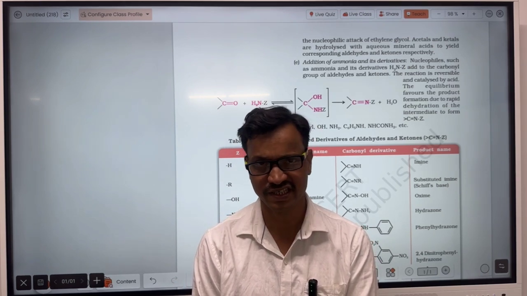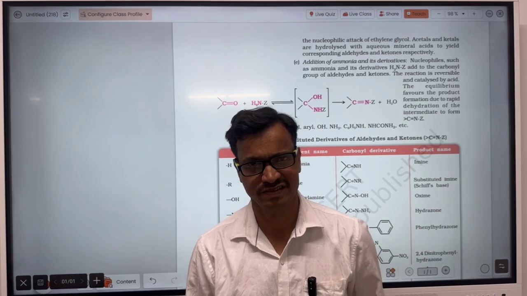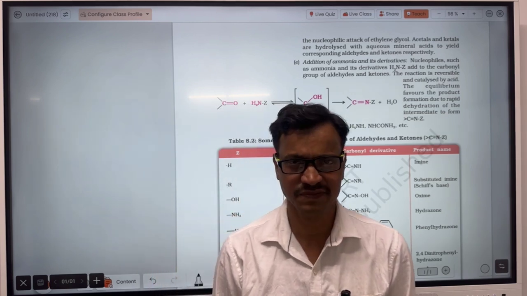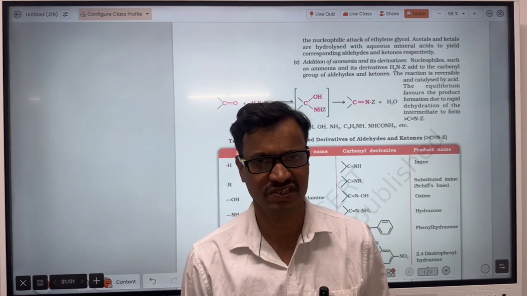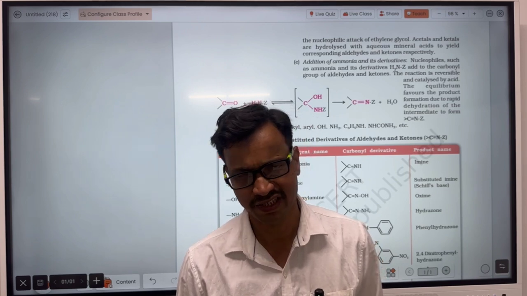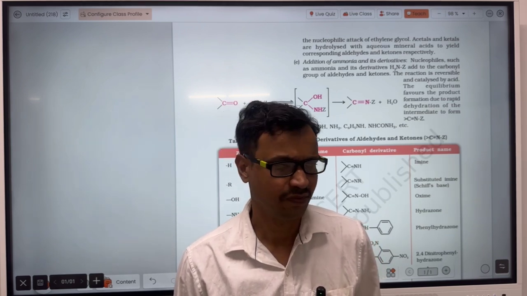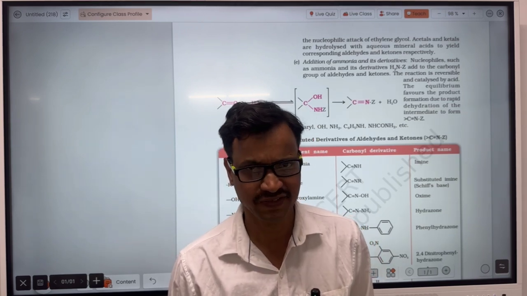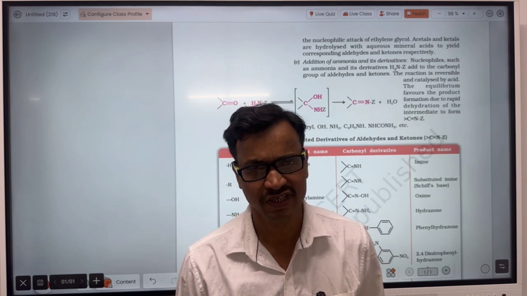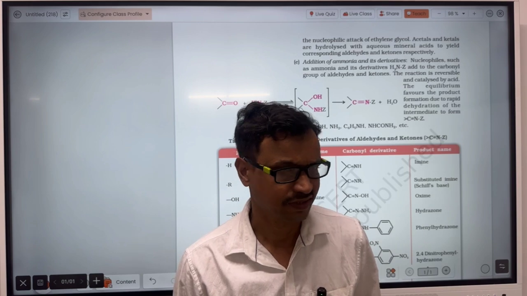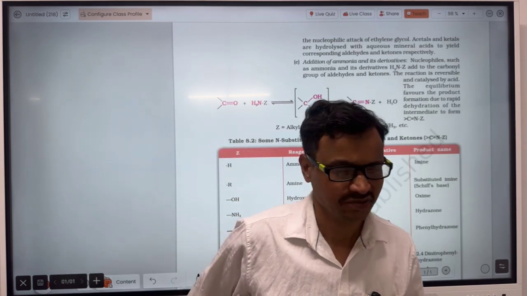During the formation of acetal and ketal, there was a difference: aldehyde was reacting with monohydric alcohol, and there was formation of firstly the hemiacetal and then the acetal, while ketone was reacting with dihydric alcohol and there was formation of ketal. But in this case it will be the same.